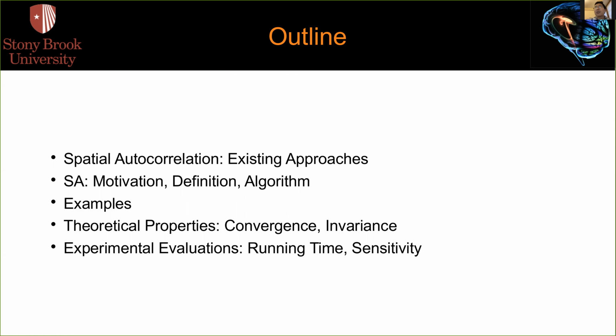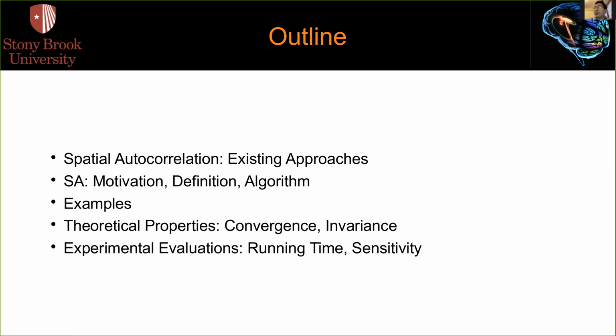And then after that, I'll give some brief examples. Then I will follow with some theoretical properties of SA, some of the convergence guarantees, and invariance under linear transforms. So then finally, I will finish with some results from the experimental evaluation with some running time considerations and some sensitivity analysis.